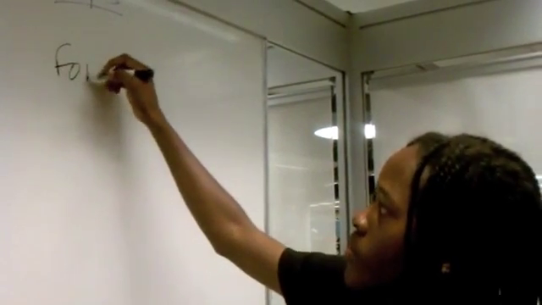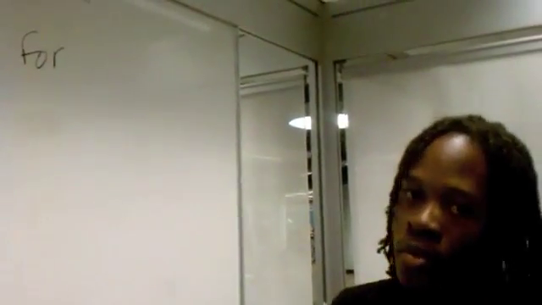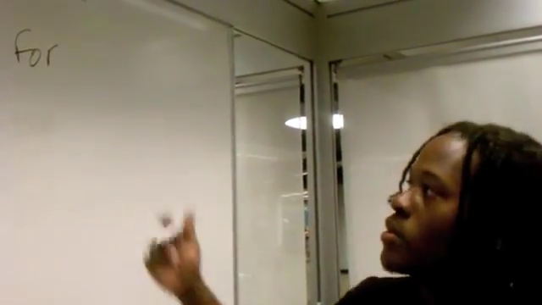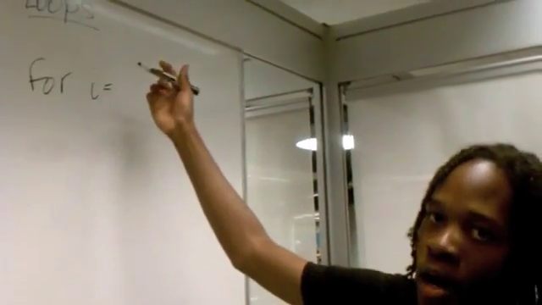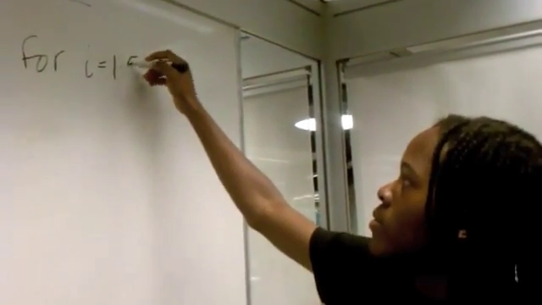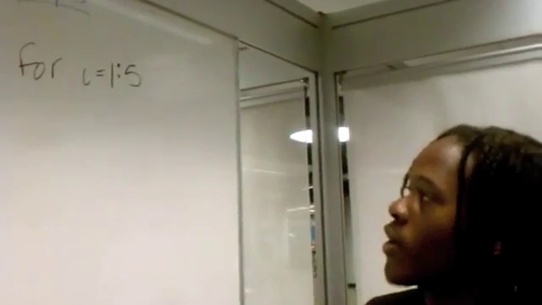The next thing we're going to do is a for loop. For a for loop, you have to iterate the variable that you set in your condition. So you can initialize the variable I, 1 through 5.